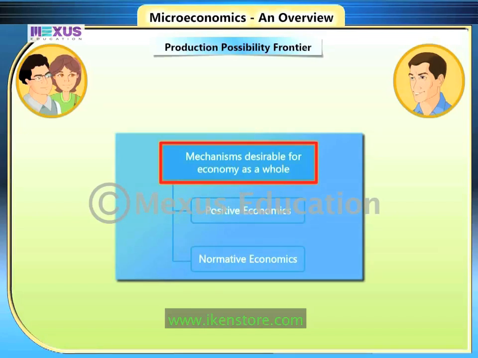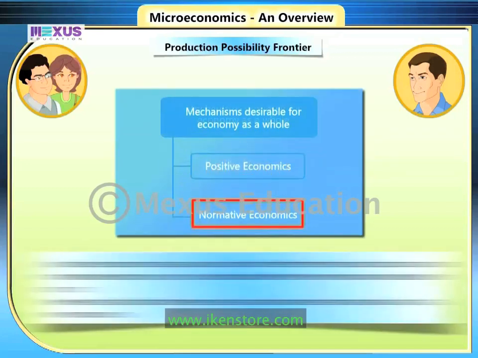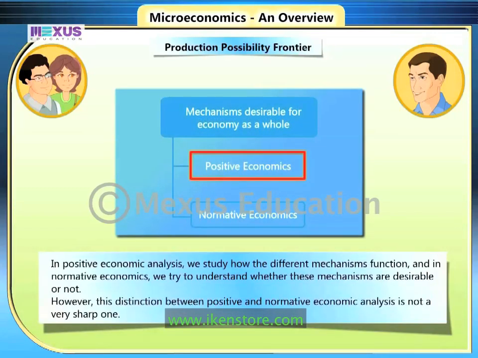Often a distinction is made between positive economic analysis and normative economic analysis, depending on whether we are trying to figure out how a particular mechanism functions or we are trying to evaluate it. In positive economic analysis, we study how the different mechanisms function, and in normative economics, we try to understand whether these mechanisms are desirable or not.